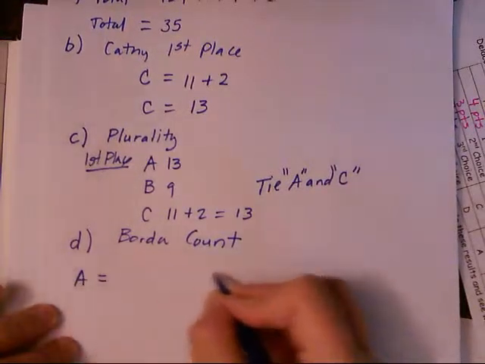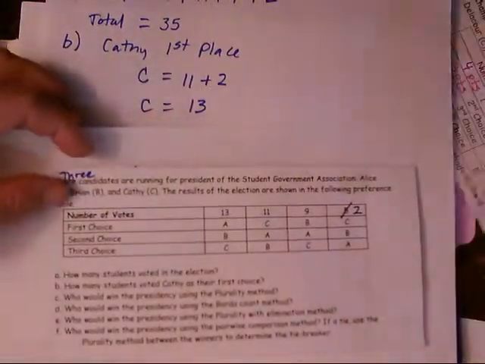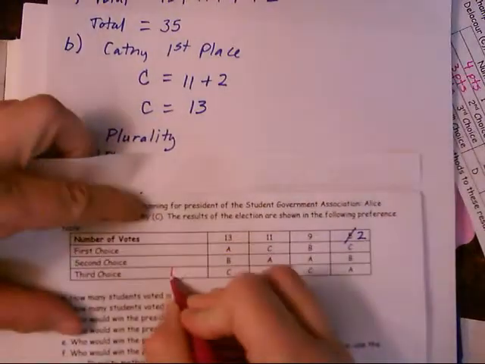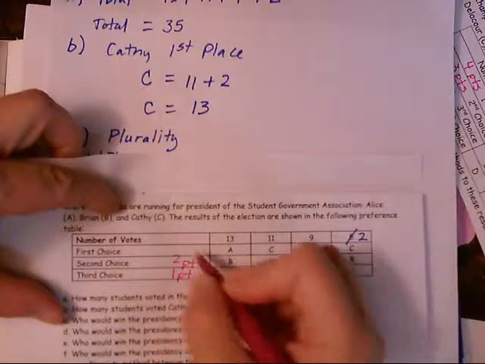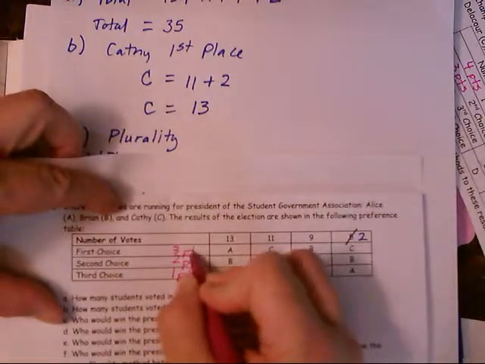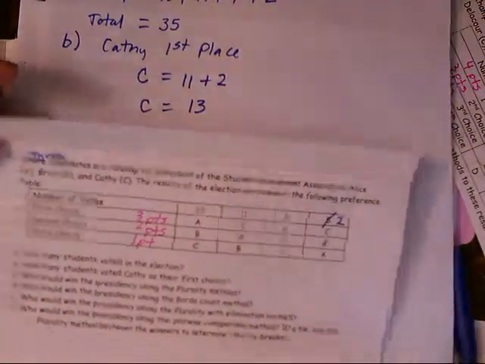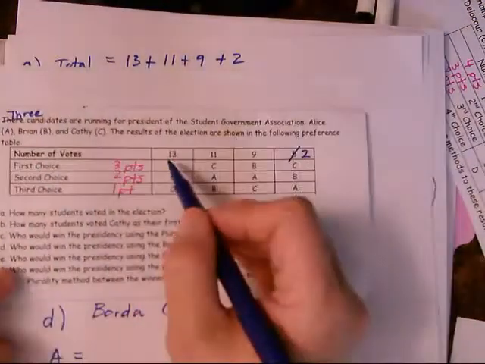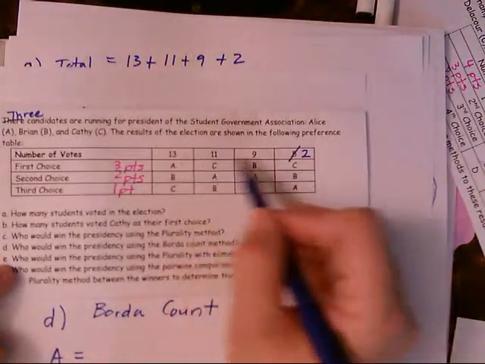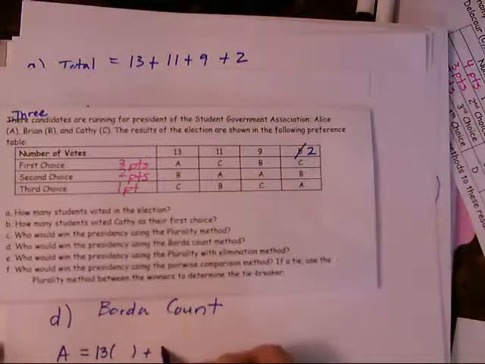We get the total number of points for A, and then B, and then C. We begin that by going to the preference table and assigning 1 point for last place, 2 points for next to last, and so forth up the preference chart. Now if you remember, we go across first and we take the number at the top on the headers and we fill in those and leave a blank to put the points.